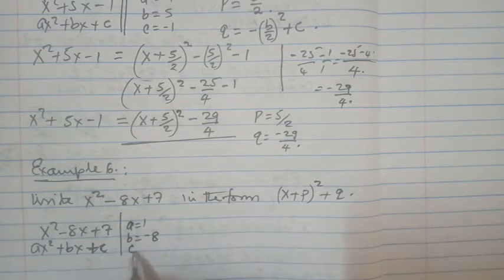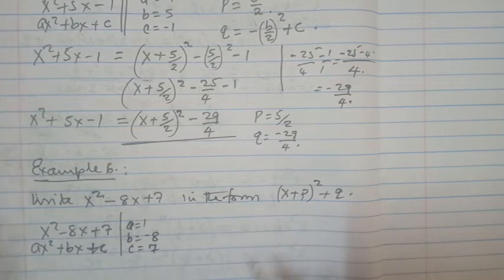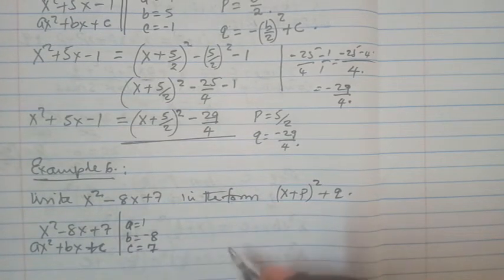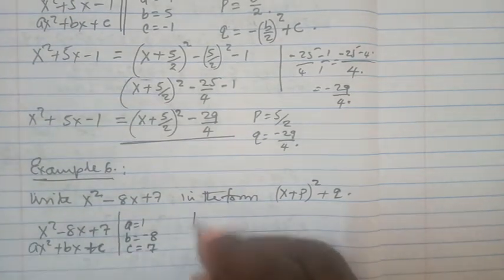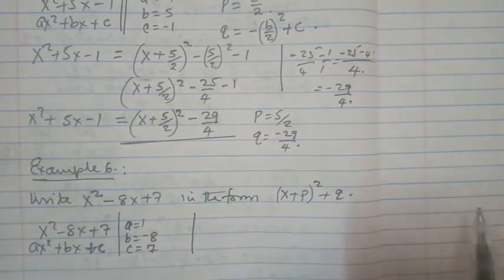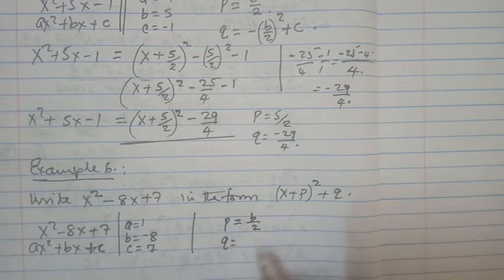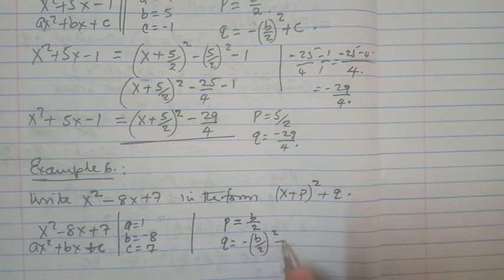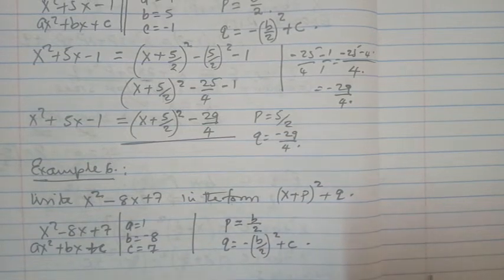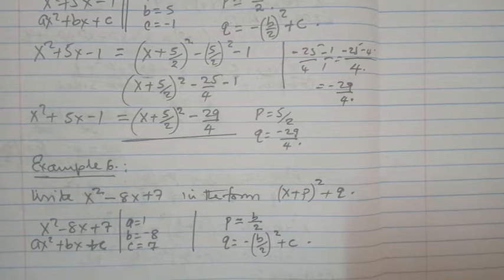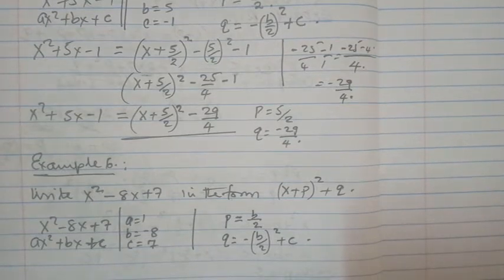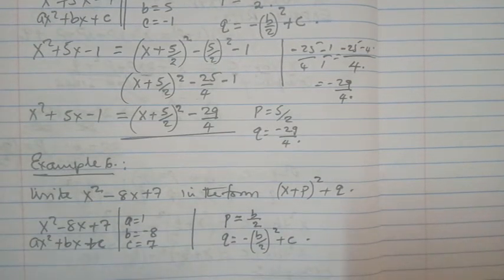And our c is simply 7. We know again that when we put it in a perfect square, p is always b over 2, and q is always minus b over 2 squared plus c. So that way we should be able to indicate what we need.